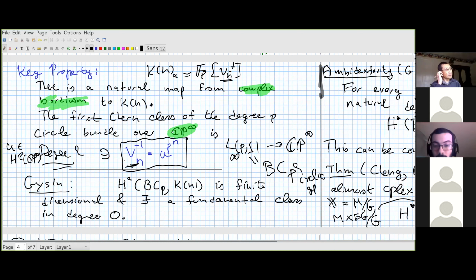Okay, so this first Chern class allows you to do the following. If you know the first Chern class of the line bundle, then you have the Gysin sequence, which tells you to look at the circle bundle associated to the line bundle and try to compute the cohomology of the circle bundle.